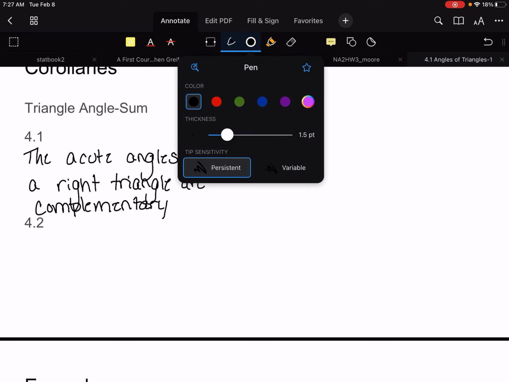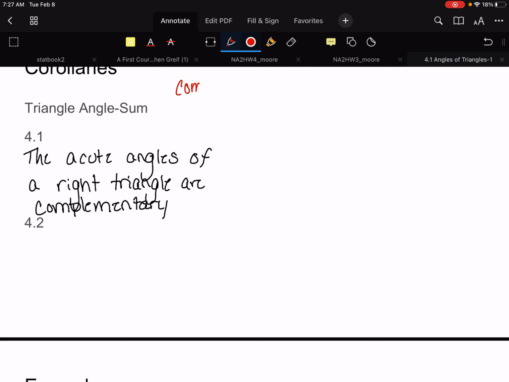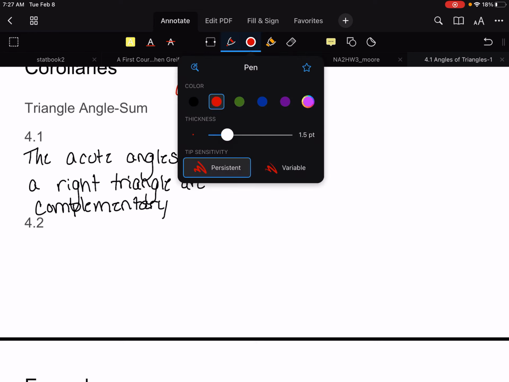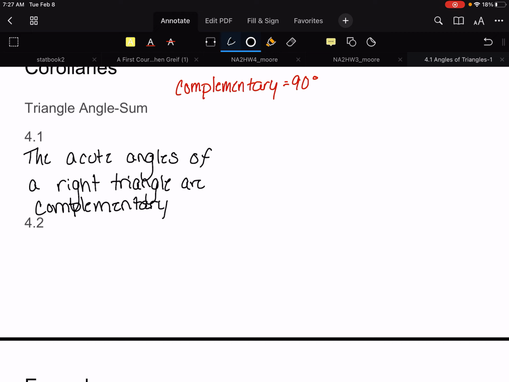As a little reminder, complementary is 90 degrees. So if I had a right triangle, those two acute angles, if I labeled my angles A, B, and C, that means B plus C will equal 90 degrees.